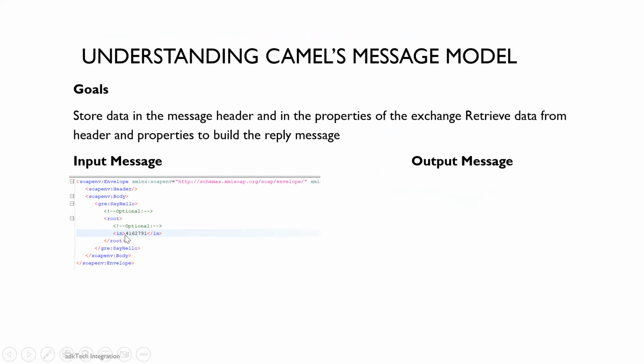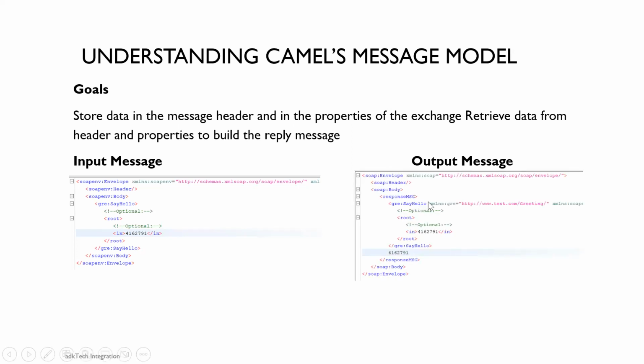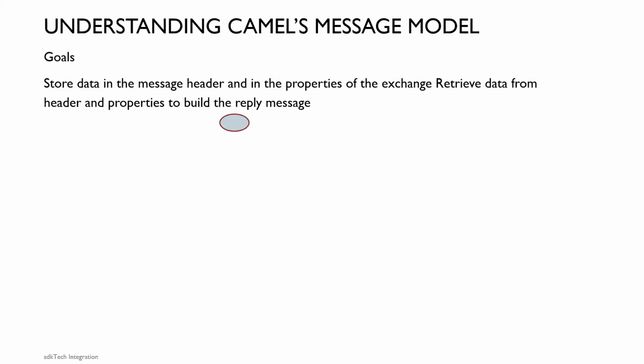In that we will be passing this value, and as an output we are going to get the whole message like this, and then we'll try to retrieve this value from the header section.